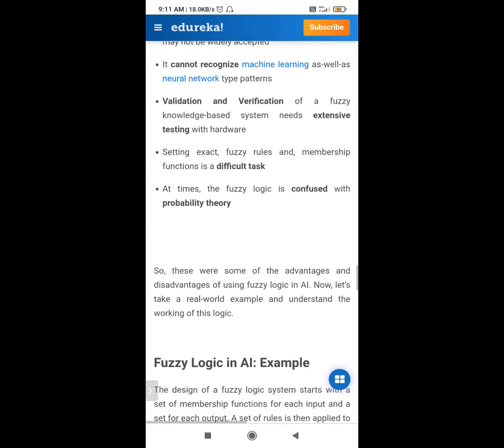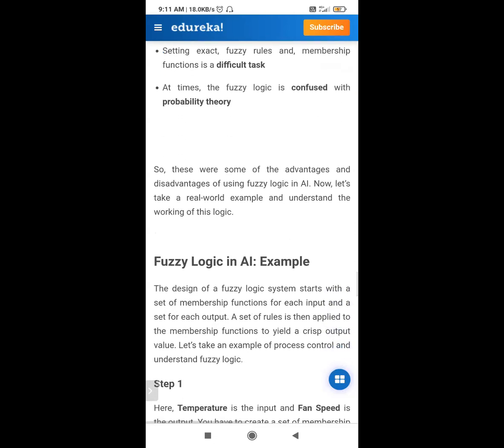Next one is setting exact fuzzy rules and membership functions is a difficult task, which means we cannot set exact fuzzy rules or exact membership functions easily. Next, sometimes fuzzy logic is confused with probability theory. So when we mix probability theory with fuzzy logic, it leads to some confusion.